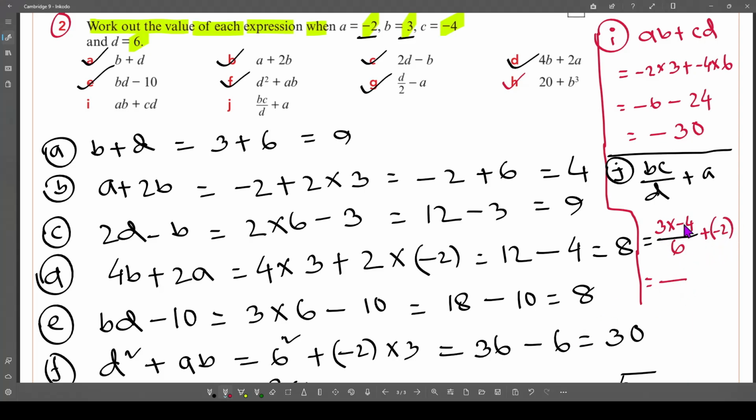Now 3 times minus 4 is minus 12, divided by 6. Here is plus and minus 2. Then 12 divided by 6 is 2. So minus 2, and here is also minus 2. Answer is minus 4. Okay.